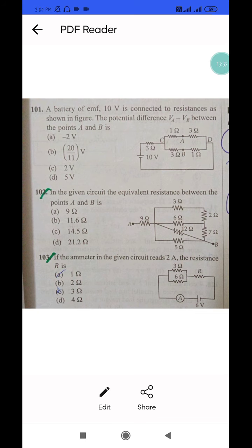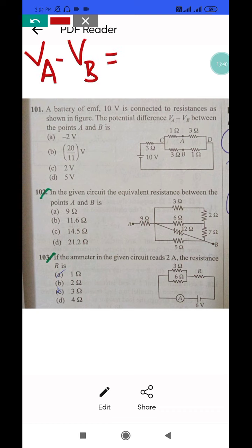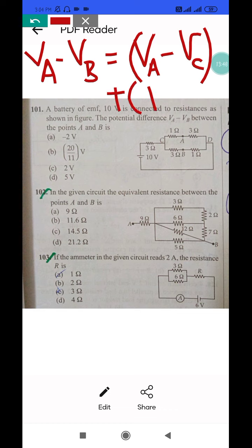In order to find the potential difference between VA and VB, let me write VA minus VB as VA minus VC plus VC minus VB. Shall I write like this?